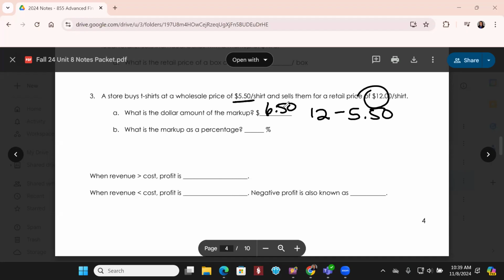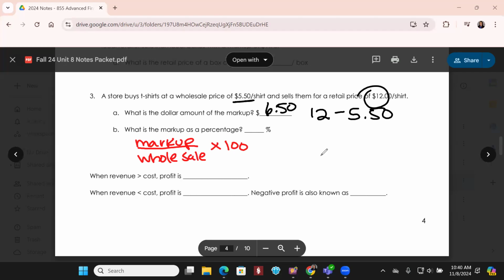What is the markup as a percentage? The way you're going to do this is take the markup value divided by the wholesale and multiply by 100.